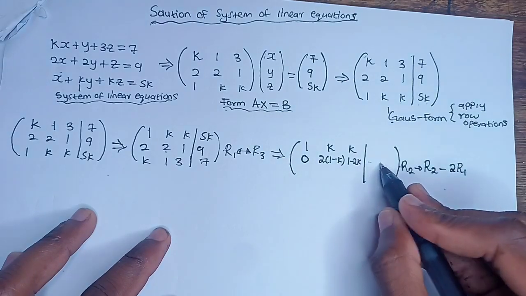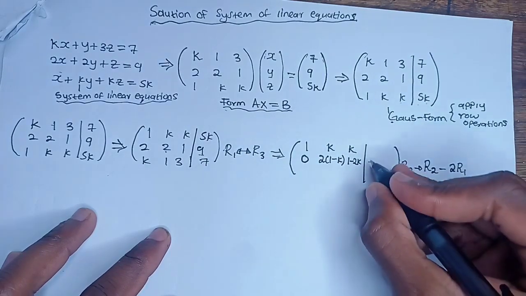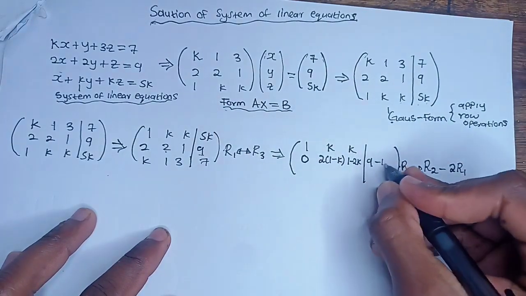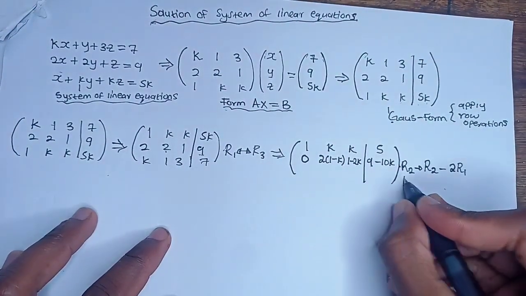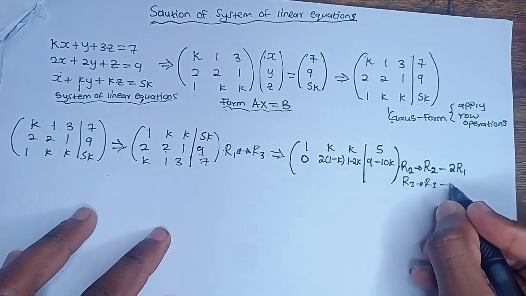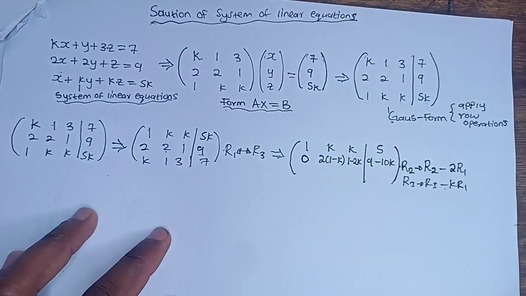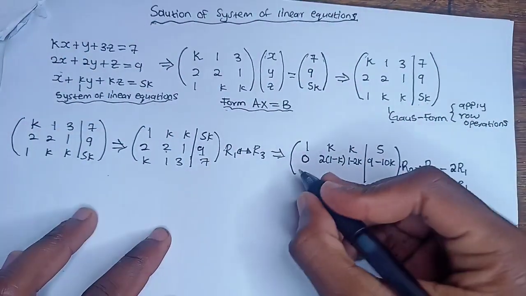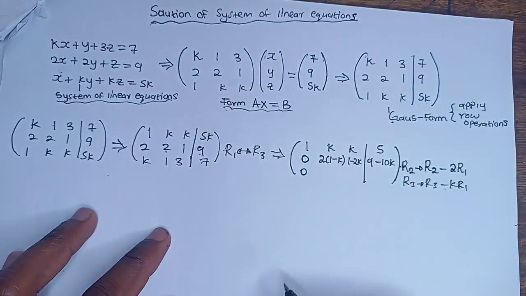And here, what do I have? 9 minus 2 times 5k, which is 9 minus 10k. And for row 3, the operation I'm going to perform is row 3 goes to row 3 minus k row 1. So for the first entry, I have 0 on row 3.